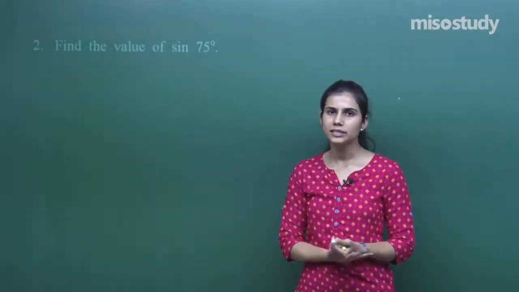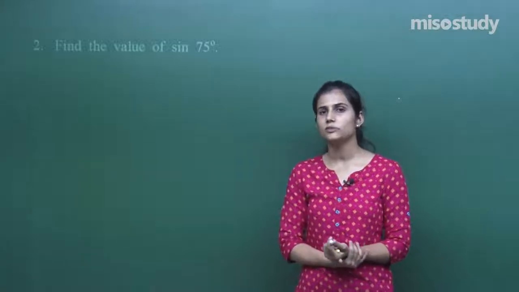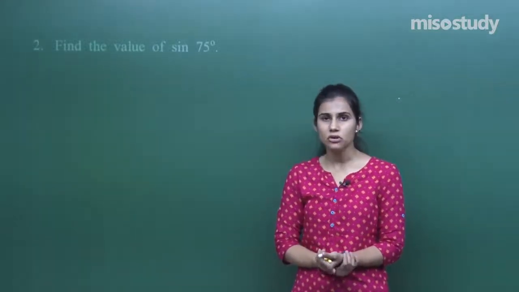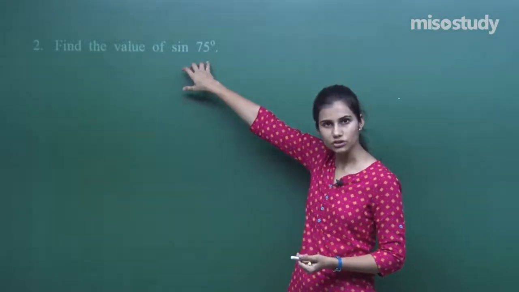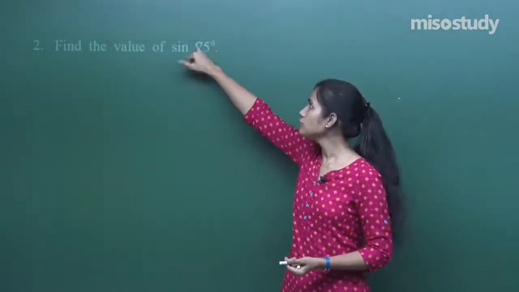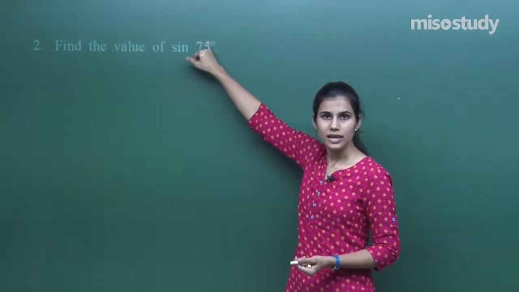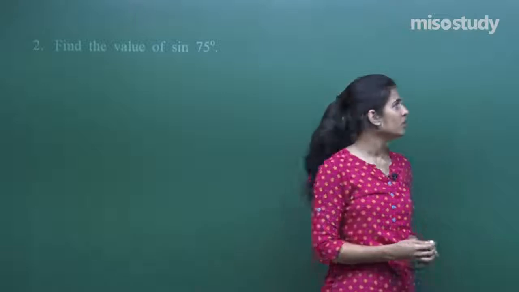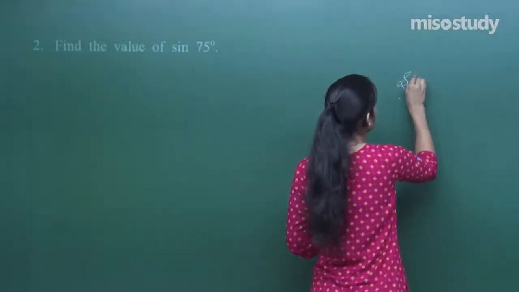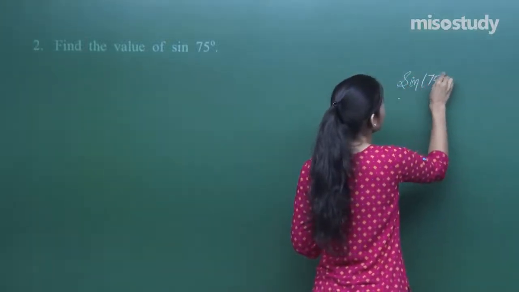So 90 minus theta you can use, but 15 is an angle at which I don't know the value of sine or cos. Therefore, to tackle trigonometric ratios in which I am not able to use any basic angle and allied angle to break this up, we use a different approach. This is sine 75.